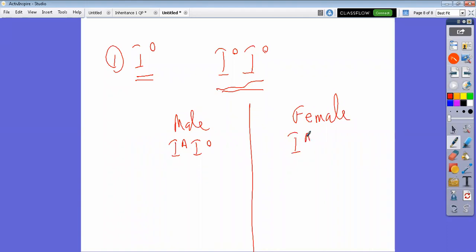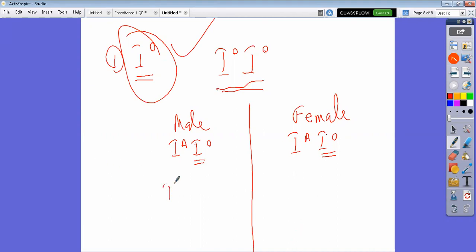Okay, IA and IO, correct. Why? Because I must have an IO. As long as I have an IO allele on both of them, I will have a chance of having this. Is that making sense? Yes.